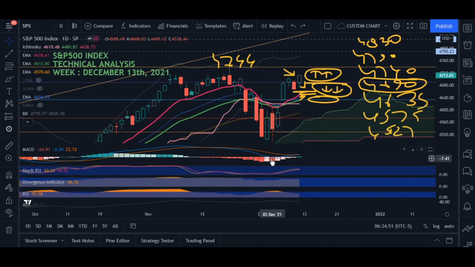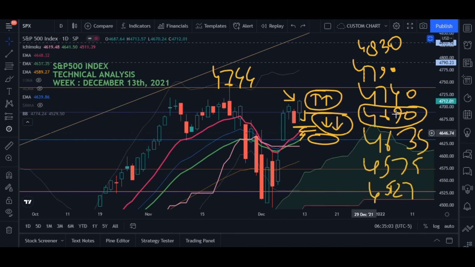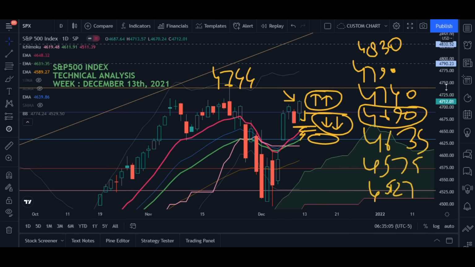Momentum is normal. Last week momentum was in favor of bears, but now it is neither favoring bulls nor bears. So now we can comfortably say that market is clearly bullish on the daily chart. On the weekly chart it was not clear, but on the daily chart it is clearly bullish.